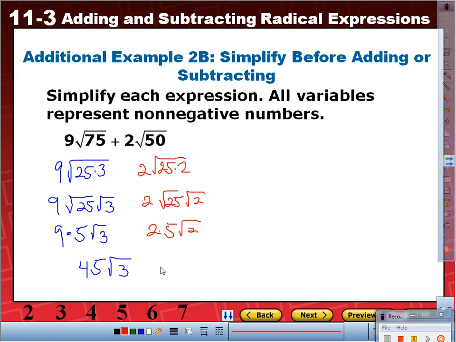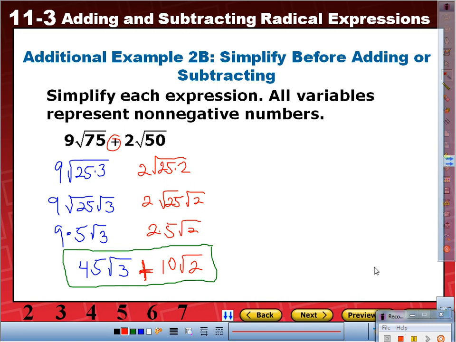What is 5 times 2? 10 square root of 2, and it's an addition. Looking at them, can we combine like terms? No, because they're totally different radicals, so we are done. Very simple? Yeah, right? It just requires some extra steps, but overall it's doable.